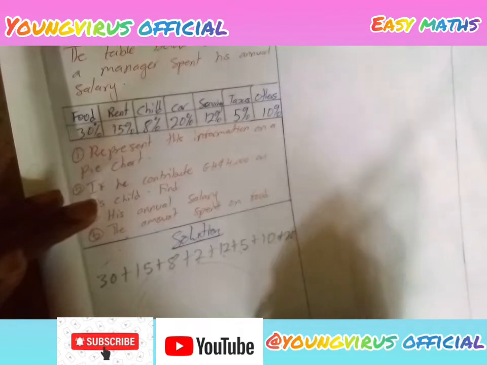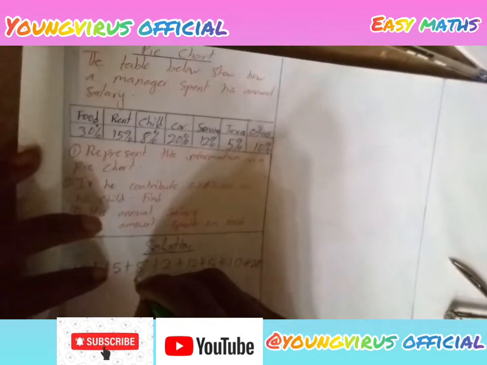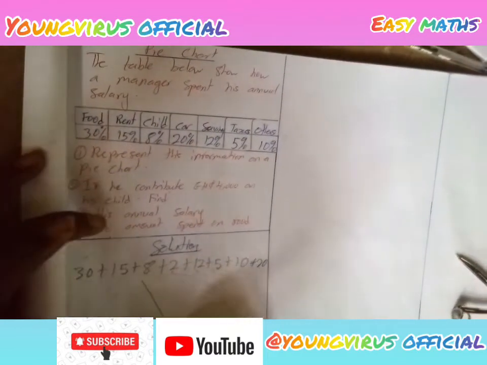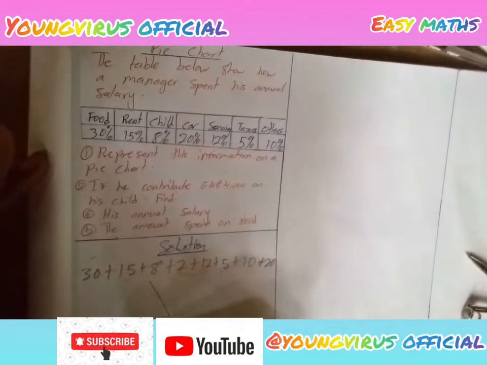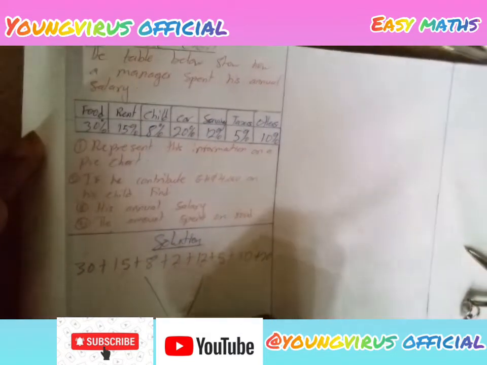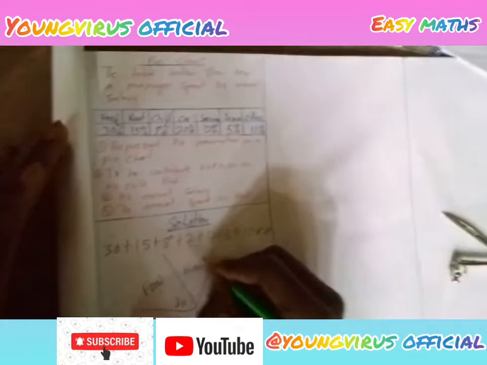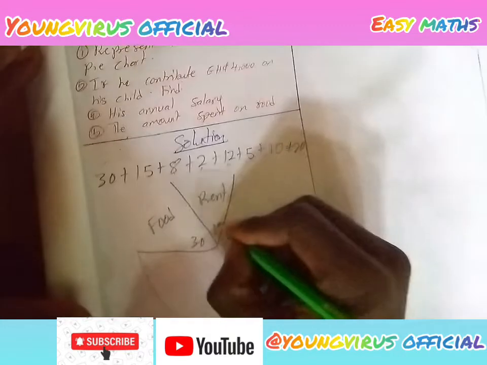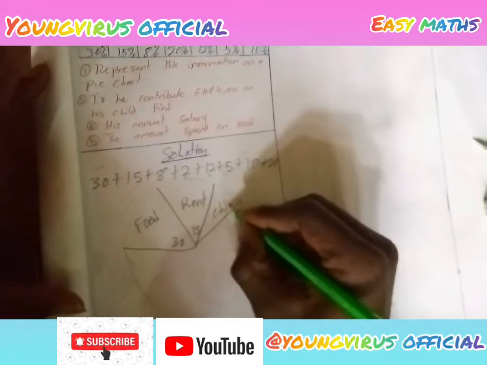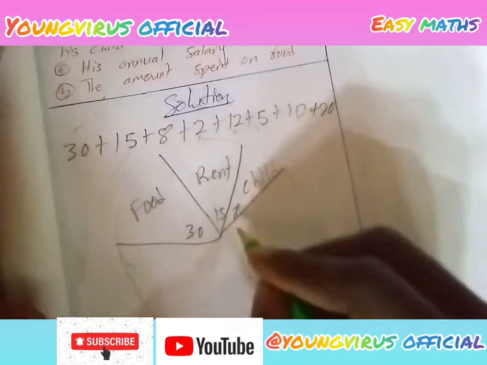So the circle, you have to split this circle into 7 parts. So without wasting much time, I just want to use a free sketch. So let's imagine this is our first one for the food, 30%. Then our second one for the rent. Our rent is what? 15%. Then child. We have 8%.